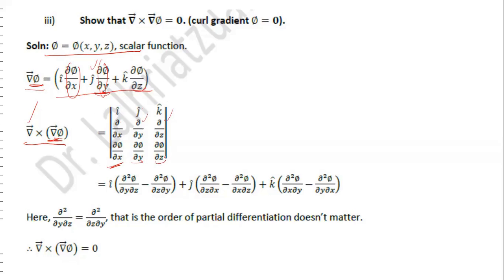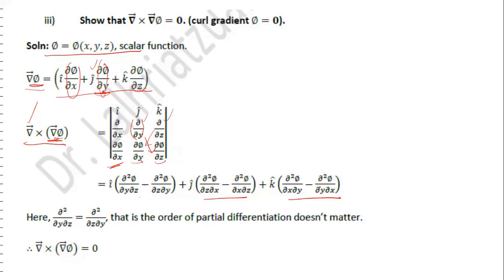And if you follow the curl formula, the curl that we have already discussed, the i coefficient will be this quantity operating on this, del square phi upon del y del z, minus this quantity operating on this, del square phi upon del z del y, and similarly you will get this and this.